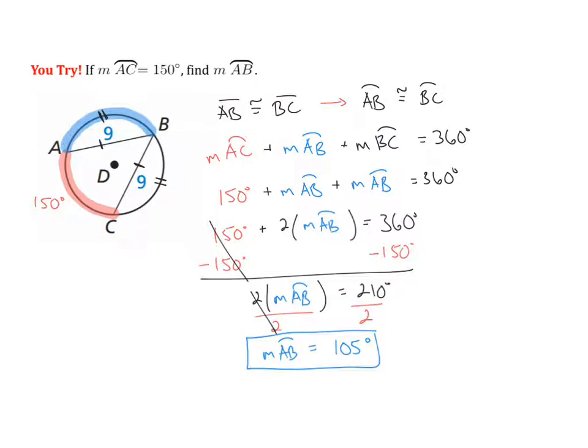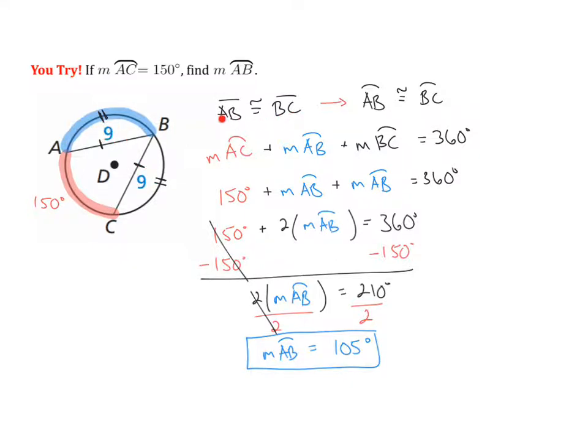Now, this particular problem was a little bit different because it wasn't as simple as just setting the arcs equal to each other. Here's what we were given. We were given that the measure of arc AC is 150 degrees. So I went ahead and labeled that on the circle. Now, in the picture itself, we notice that there are two chords that are both 9 units long.